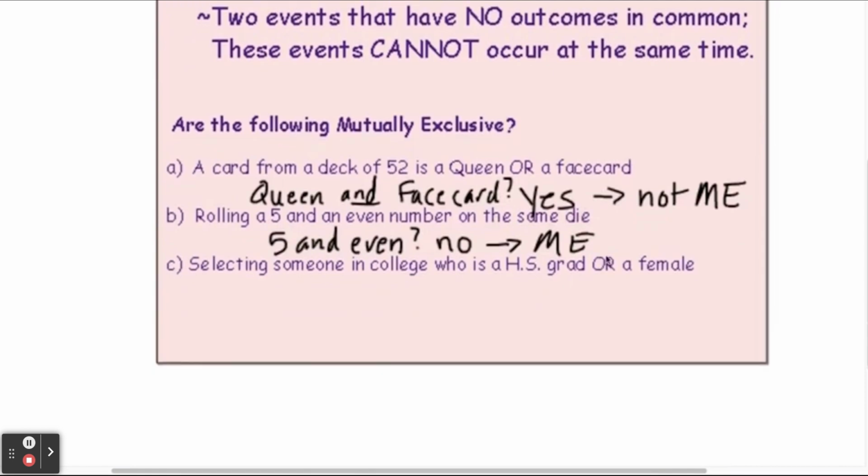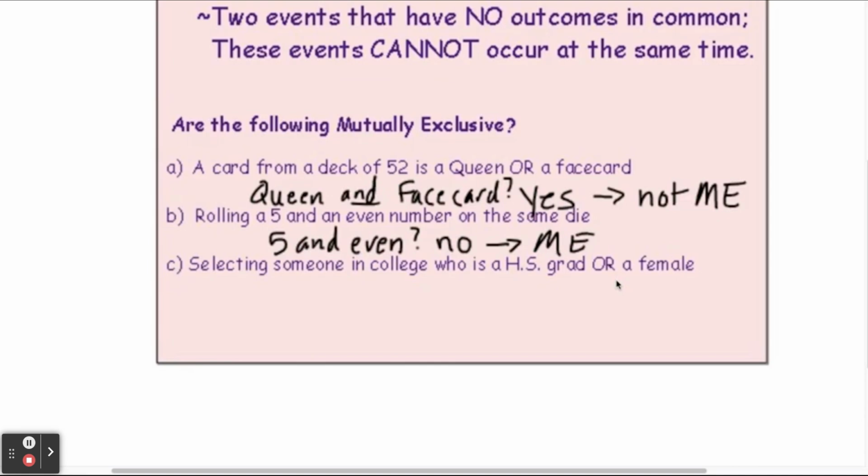So for this last one, selecting someone in college who is a high school grad or a female. Of course, if you're in college, you are automatically a high school graduate. Unless it's only a male college, then this would maybe be an outlier. But otherwise, you can have a high school graduate who is also a female.